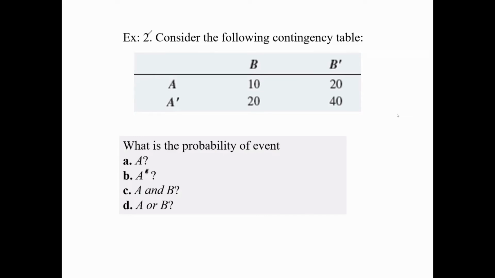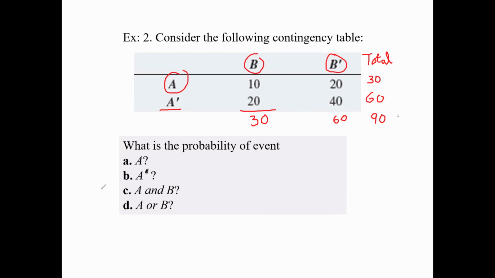This is event B and this is the complement of B. Here the total will be 30, here the total will be 30, here the total will be 60, and here 60. The total combined sample space is 90.